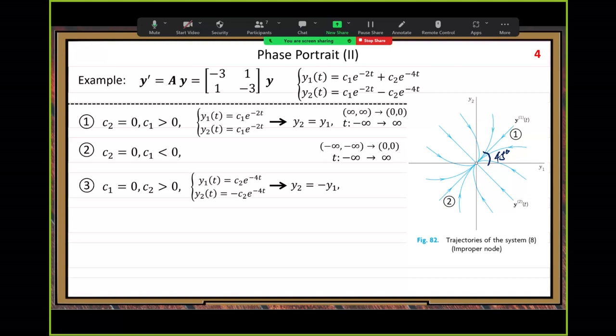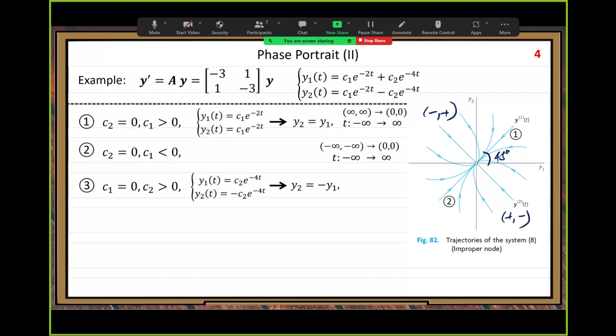Look at the quadrants: the points on this straight line are in the second quadrant and the fourth quadrant. Second quadrant, x negative, y positive. Fourth quadrant, x positive, y negative.